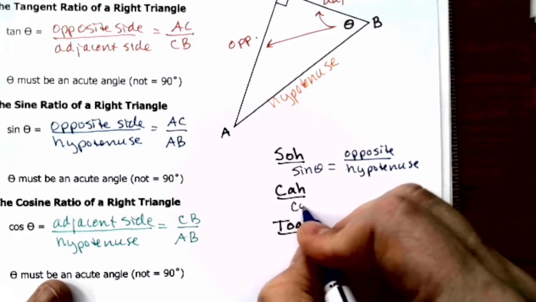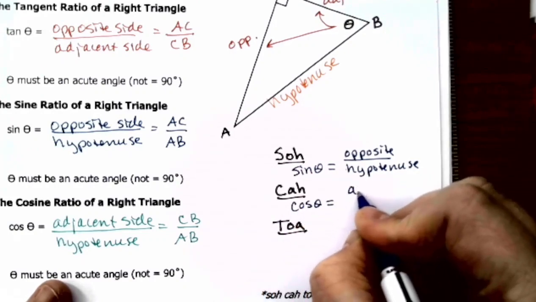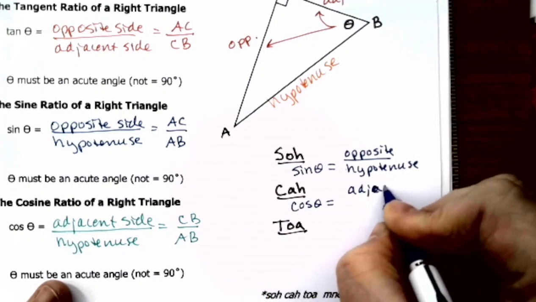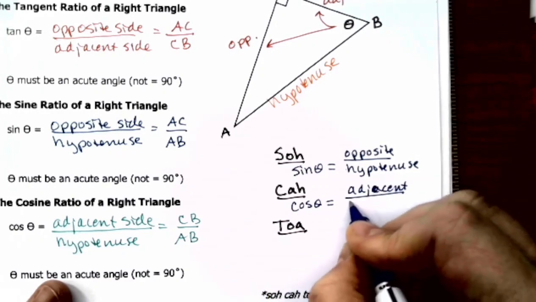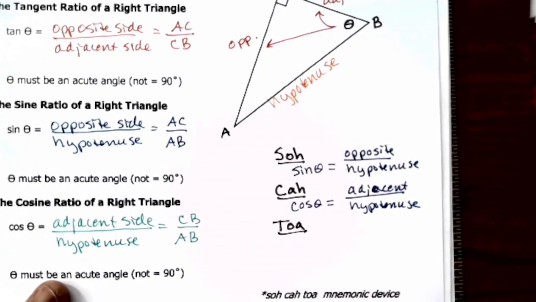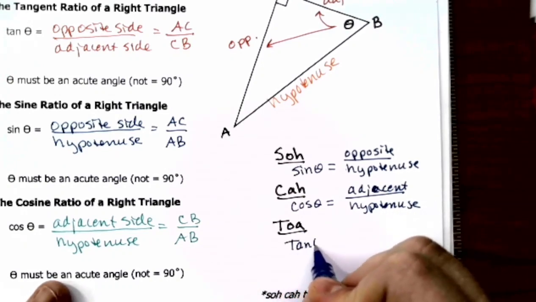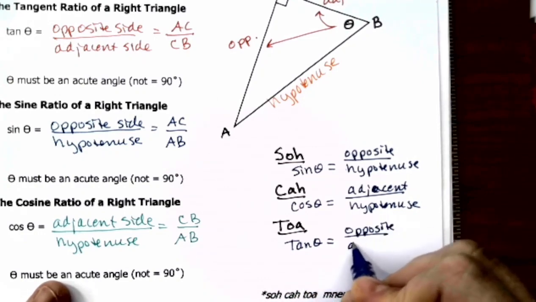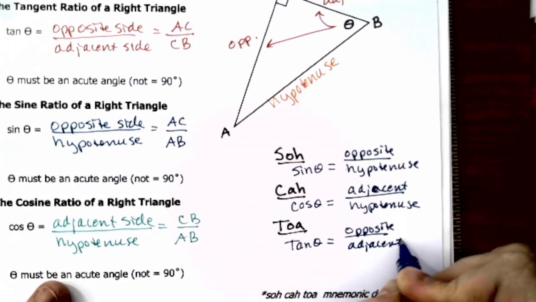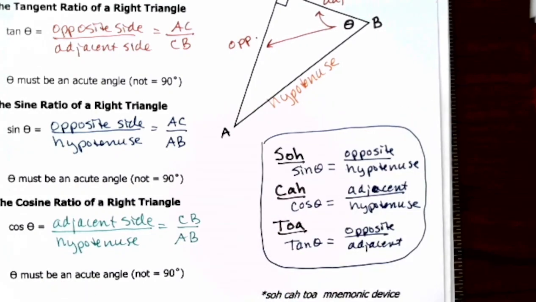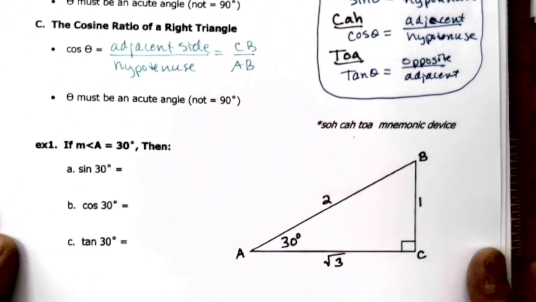CAH, the C stands for cosine of theta, which is the adjacent side over the hypotenuse. And then TOA, the T stands for tangent of theta, which is the opposite side over the adjacent side. So SOHCAHTOA, if you can just keep saying that and writing that, will tell you what your rules are.